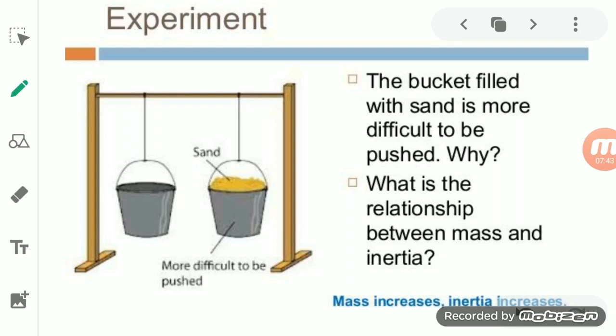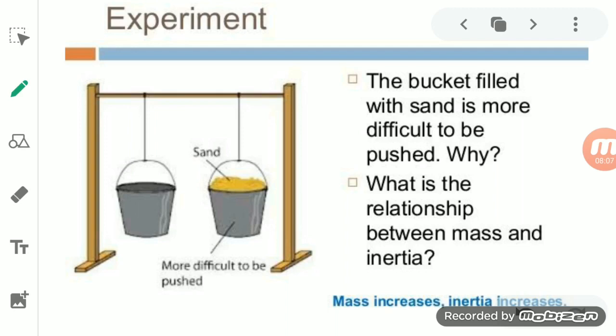If the inertia is more, we require more force to change the state, because inertia resists a change of state, and if we want to change it, we have to apply a force to overcome the inertia.